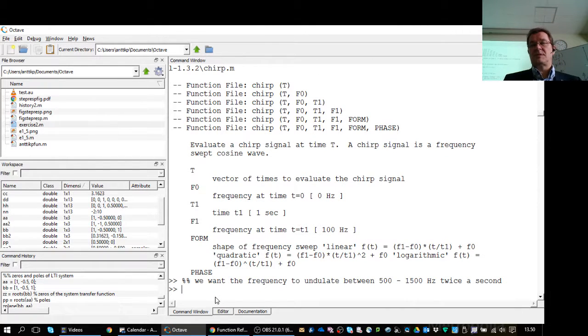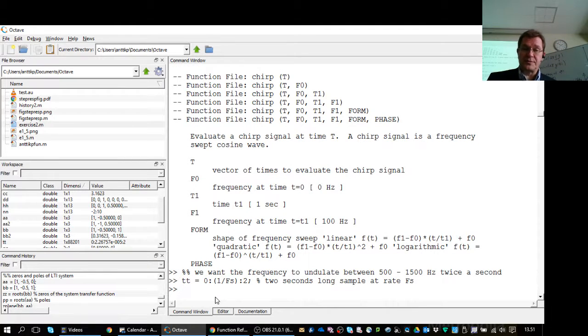All right, good. So first, a generating polynomial. Let's make first the sample time vector. From 0, I will make 1 over fs, that's the sampling time, and make a 2-second long time vector, for example, sampled at rate fs. Good. That's just a time scale.